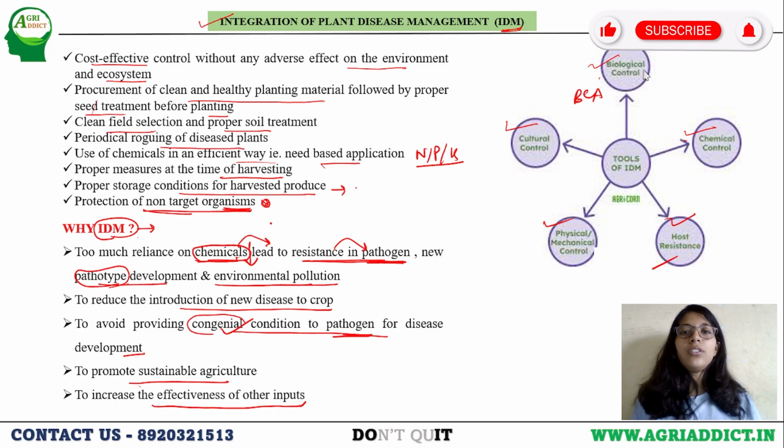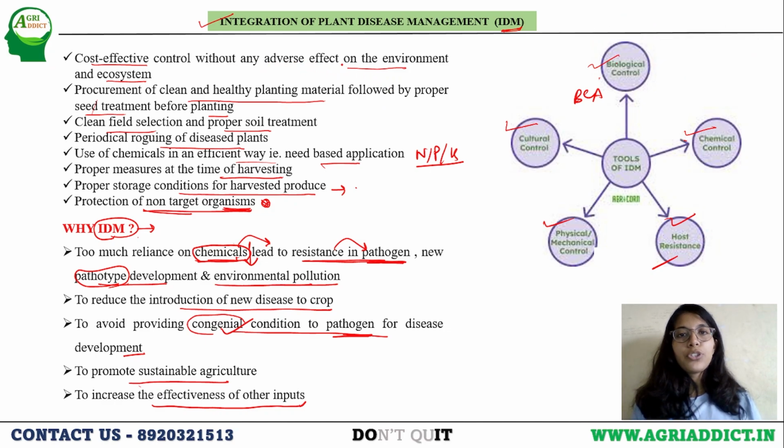So these are the features that come under integrated plant disease management. I hope that today's lecture cleared your confusion and doubts and gave you a clear outlook about plant disease management and the principal methods that come under it.